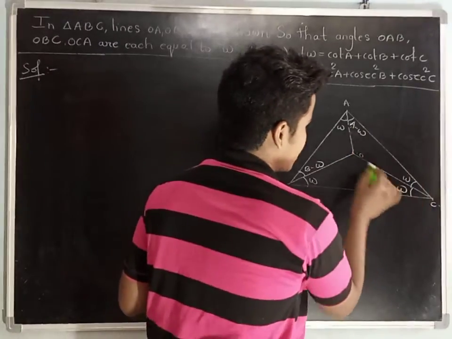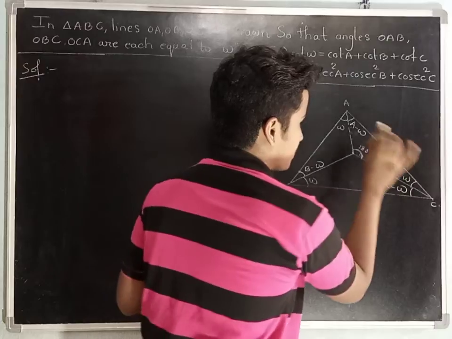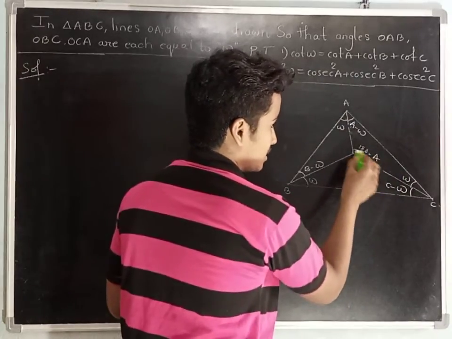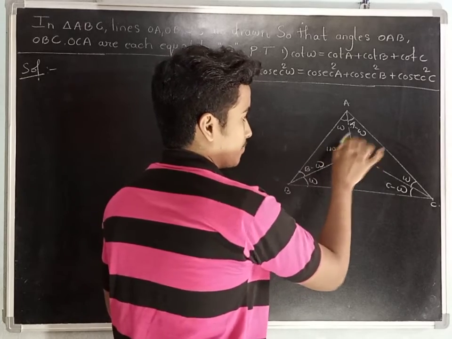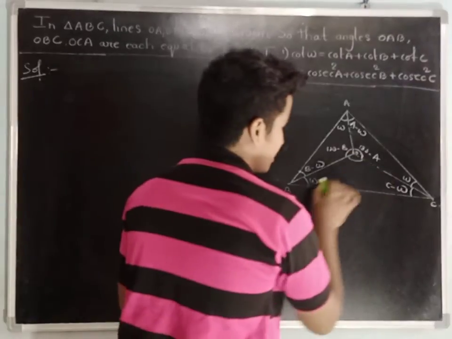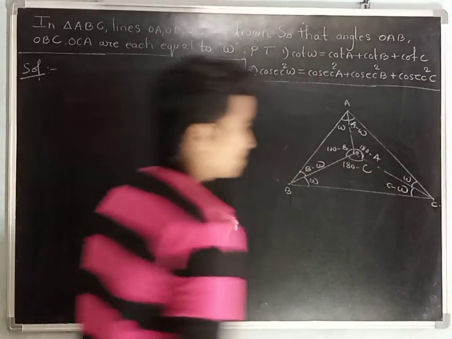Let me put O here, and this is going to be 180 minus A, and this is going to be 180 minus B. Angle sum property, sum of angles in a triangle is 180. Okay, omega, C minus omega, then this is going to be 180 minus C.